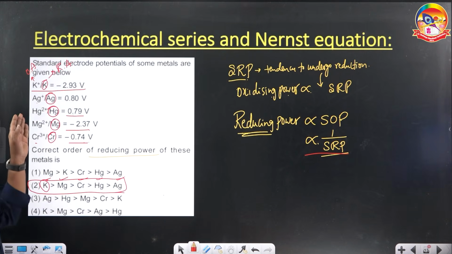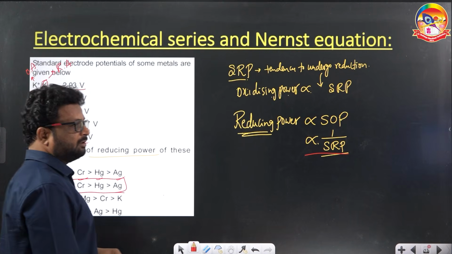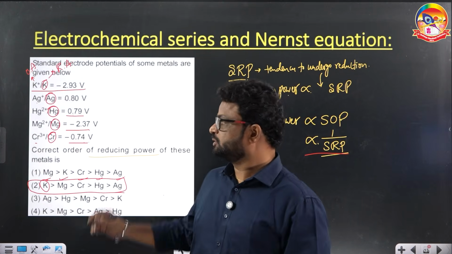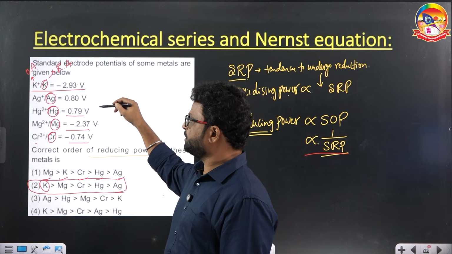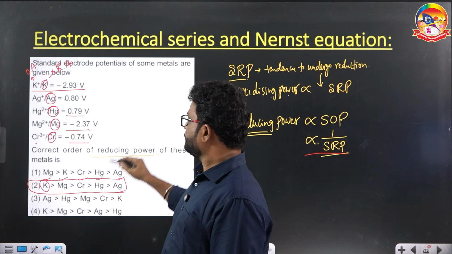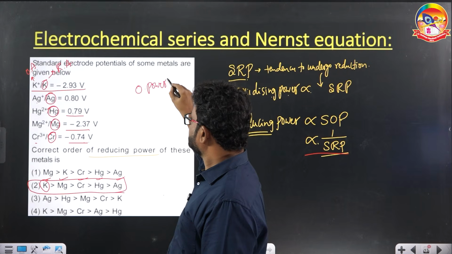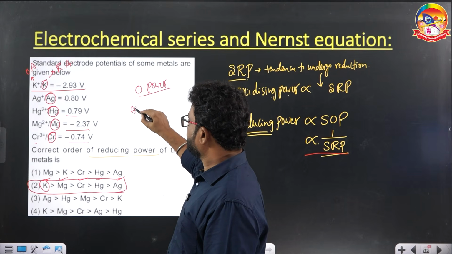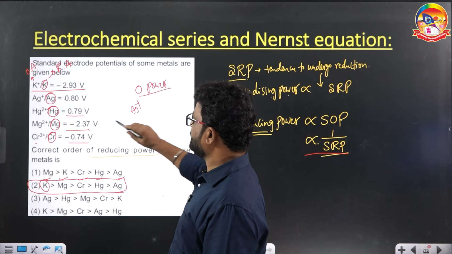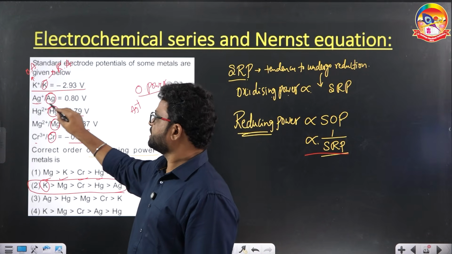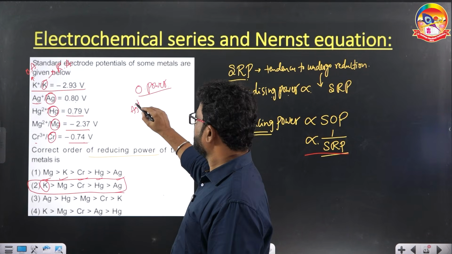For the same question, if they ask to identify the oxidizing power order of different species, then that would be reversed. Oxidizing power should be Ag+ with highest SRP. The metal ion with highest SRP has highest oxidizing power.